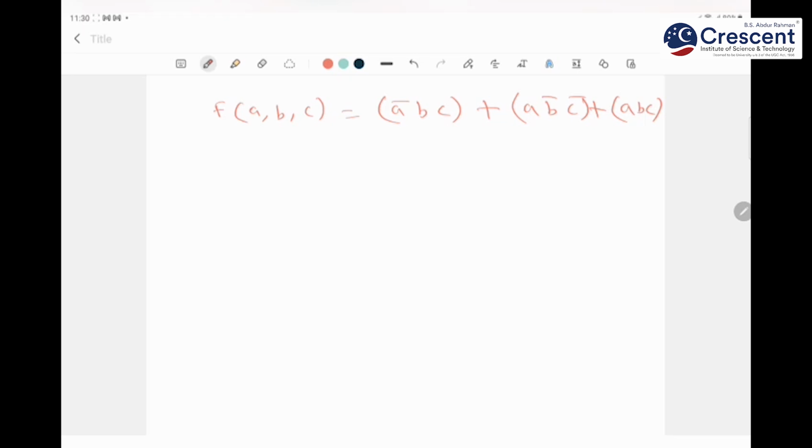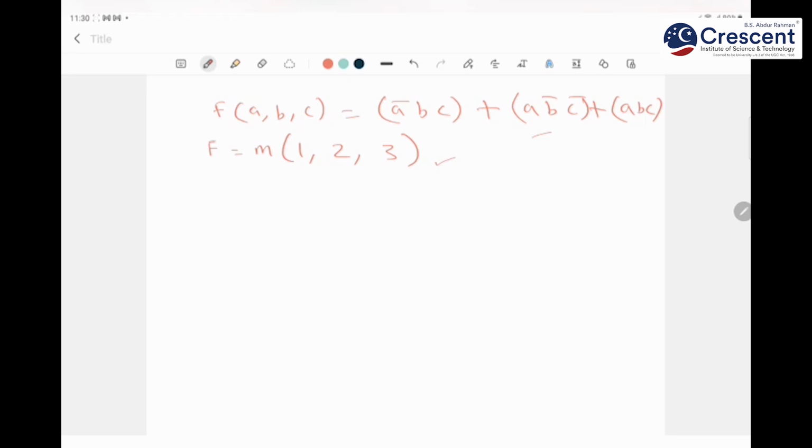Sometimes it is also represented like this: f is equal to, in terms of 1, 2, 3, something like this. So if you want to simplify these expressions, this is a different expression, and this one is a different expression.